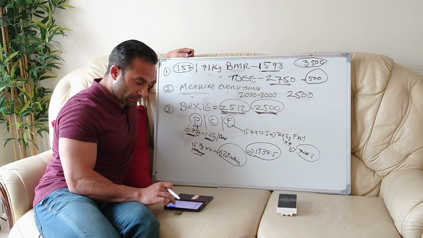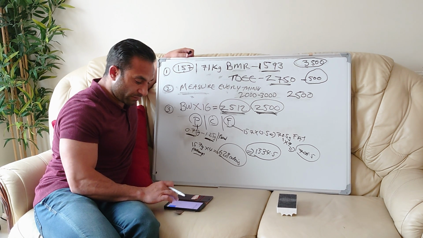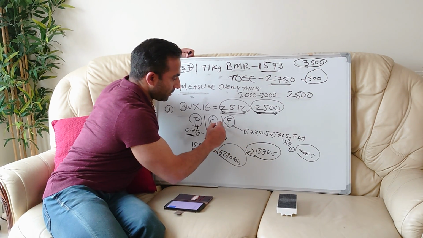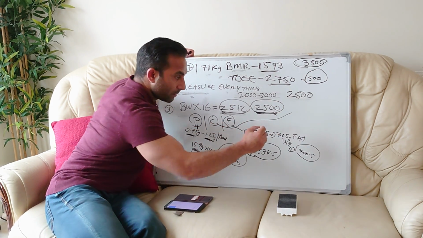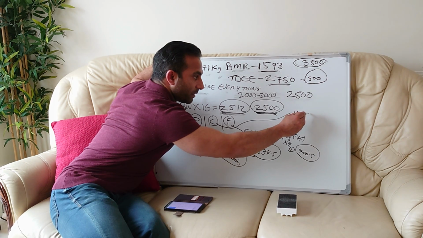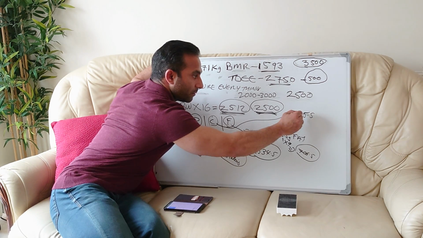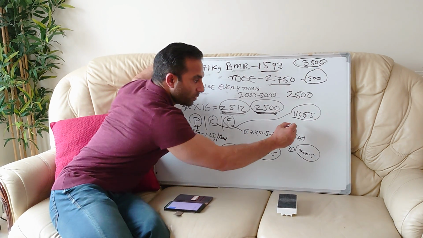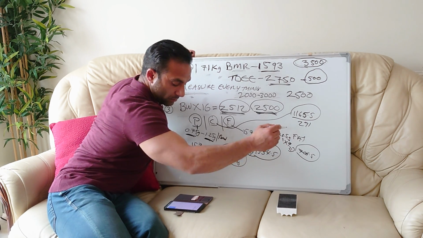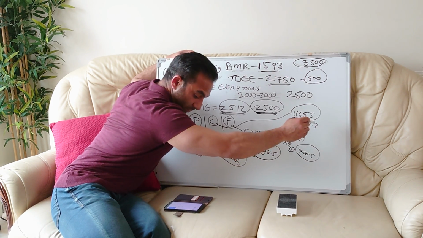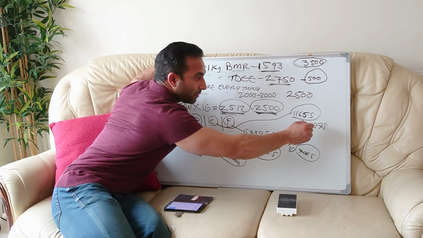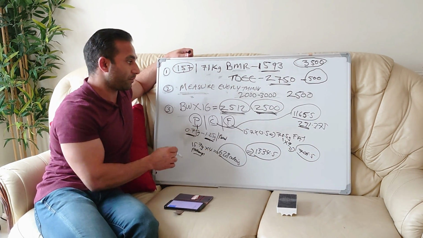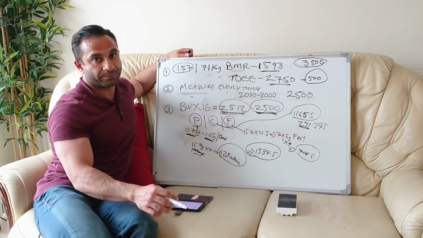So let's take that away from 2,500 and that gives us carbs, this is getting messy, 1165.5. I divide that figure by 4, that gives us 291.375. So just round it off to 291 grams of carbs per day to make up the 2,500.